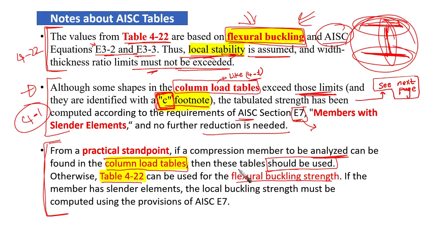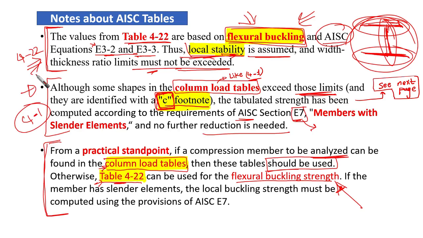So we have these two alternatives: start with the column load tables, and if you couldn't, then you can use table 4-22 for flexural buckling strength. Take care, flexural buckling strength. There are no local stability issues here, as we mentioned in the first hint.